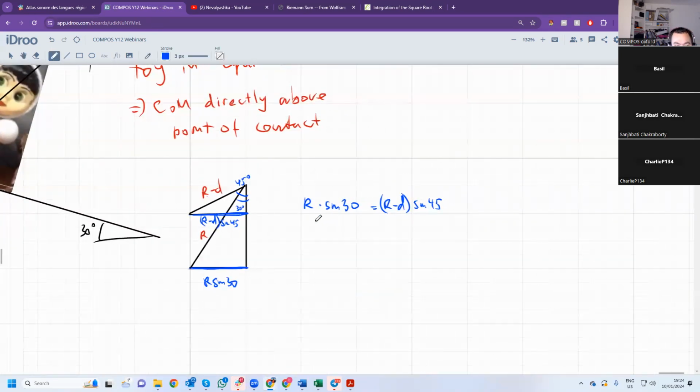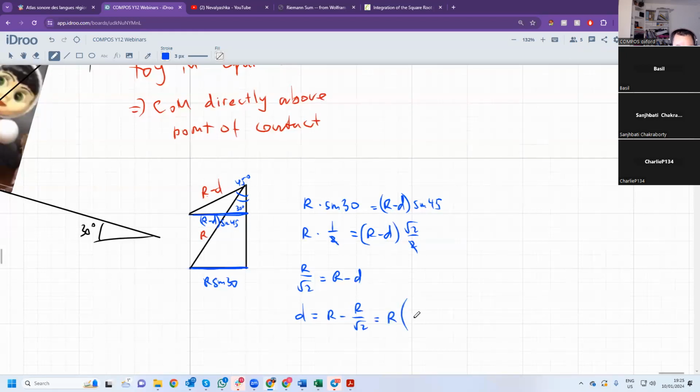And sine 30 is 1/2, so R times 1/2. And this is R minus D multiplied by square root of 2 over 2. 2 cancels, and we rearrange it. R divided by square root of 2 equals R minus D. So D is equal to R minus R over square root of 2.